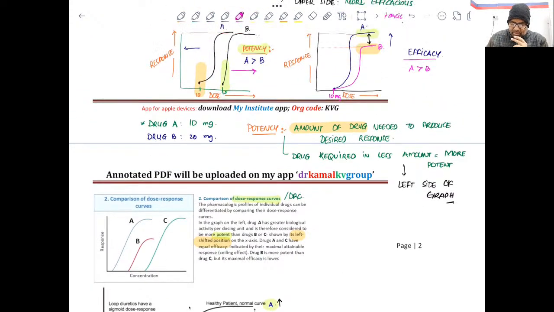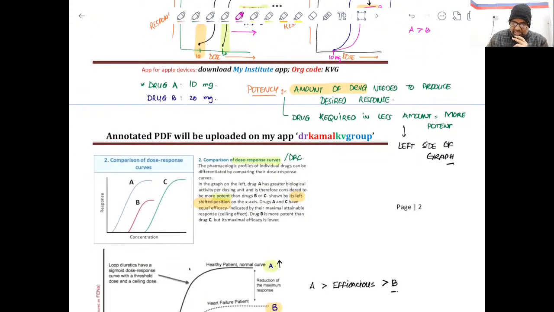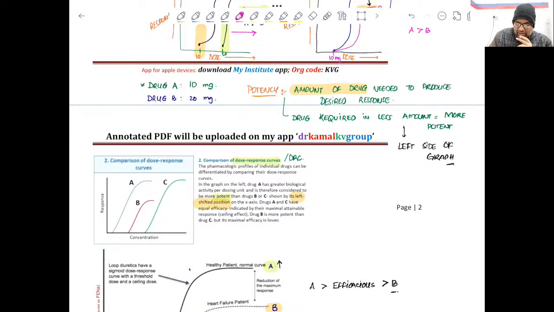Clear? And for judging the potency, we will see the drugs which are producing same level of effect. So potency can also be checked if the drug is producing the same level of effect. So here we see that drug A and drug C, they are producing same response, but look at the dose.